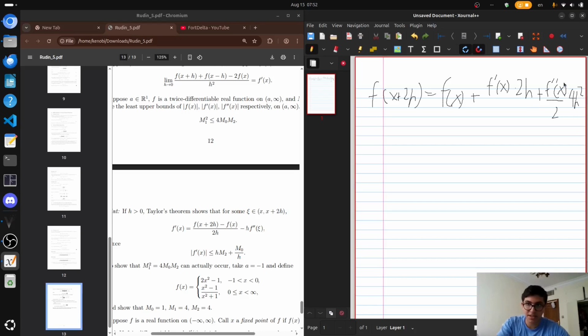First, actually, this is going to be zeta over here. So if you take all this on the other side, you're going to get this expression over here.